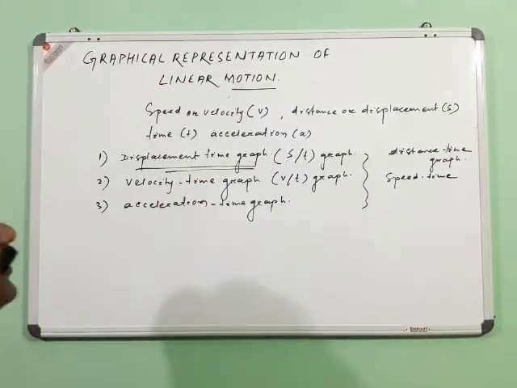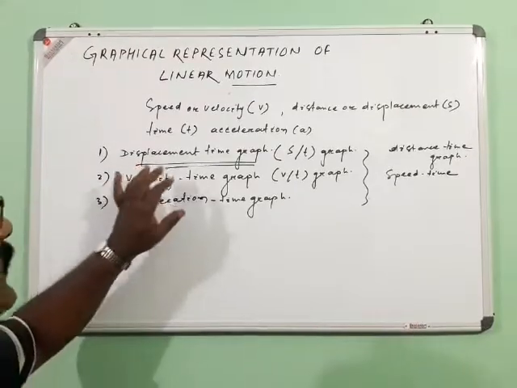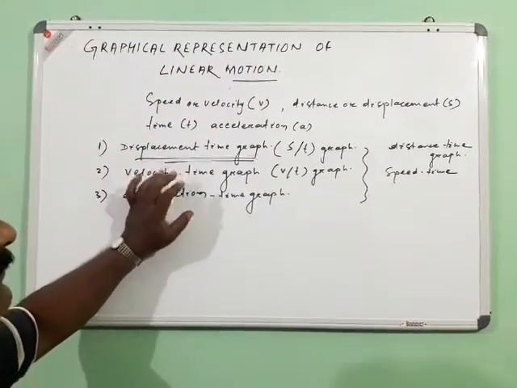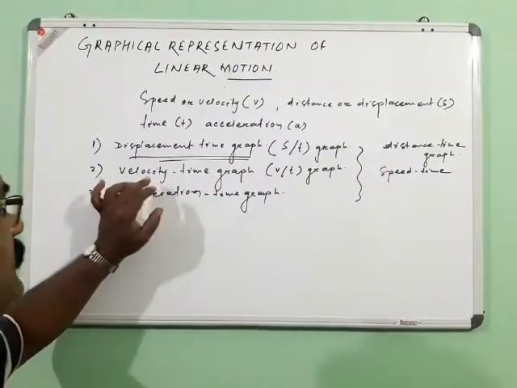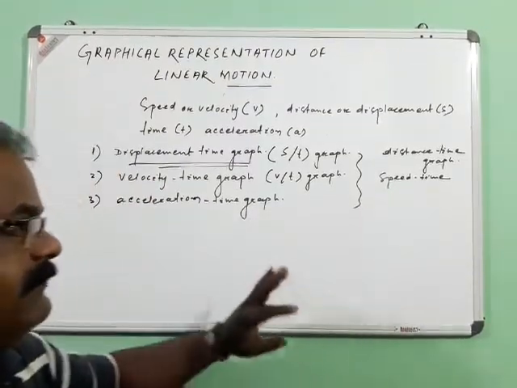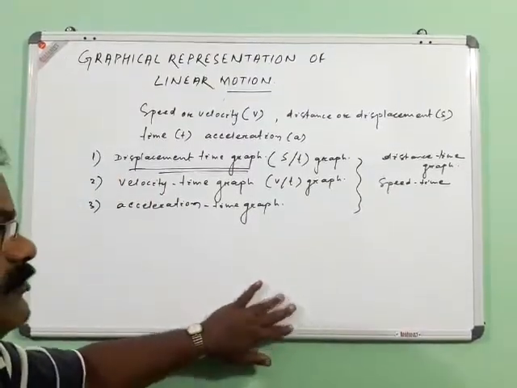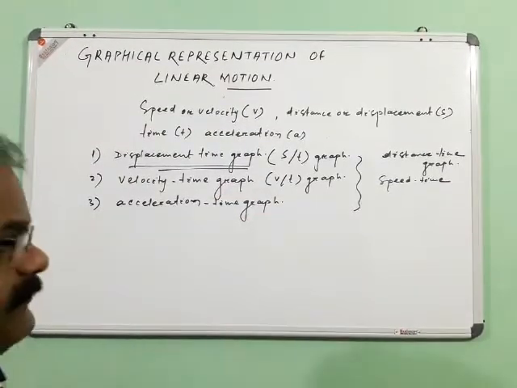In case of linear motion or motion in one dimension, when we are discussing displacement time graph, that is also the same as the distance time graph. When we discuss velocity time graph, that is also the same as speed time graph. But if it is a motion in two dimensions or three dimensions, the meaning would be different.